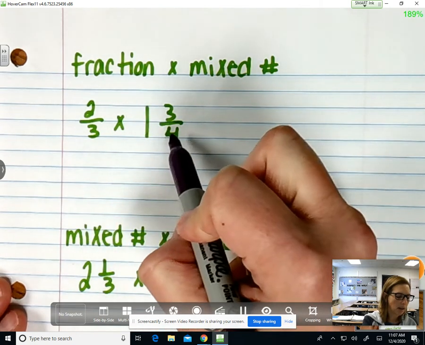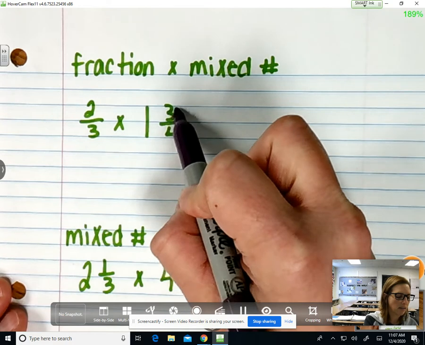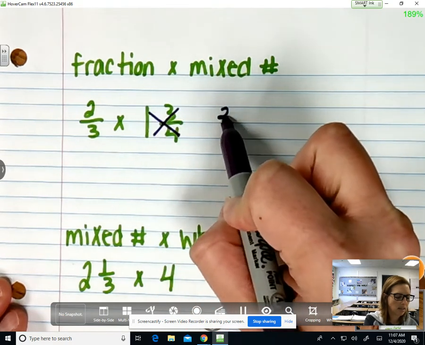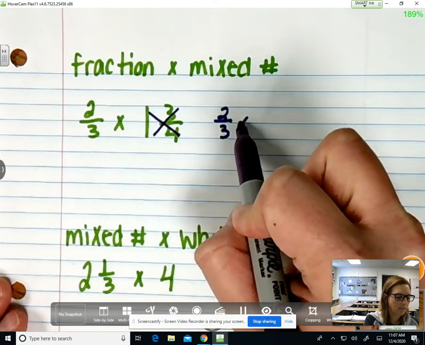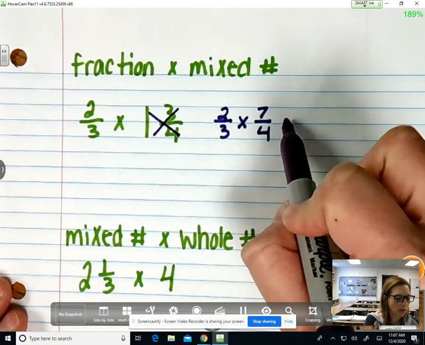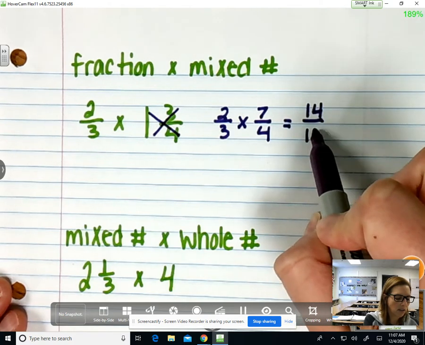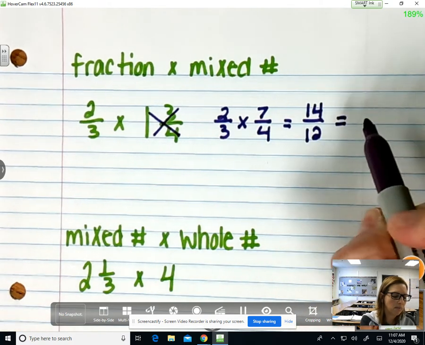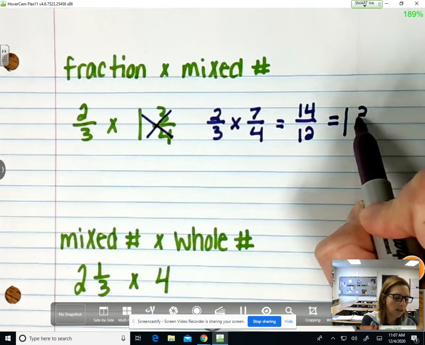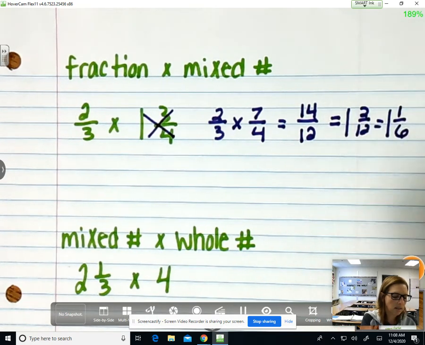So I'm going to start by doing that. 4 times 1 is 4, plus 3 is 7. So I'm going to change this to 2 over 3 times 7 over 4. That's going to give me 14 over 12. That is improper. I have 1 and 2/12 left, which is 1 and 1/6.